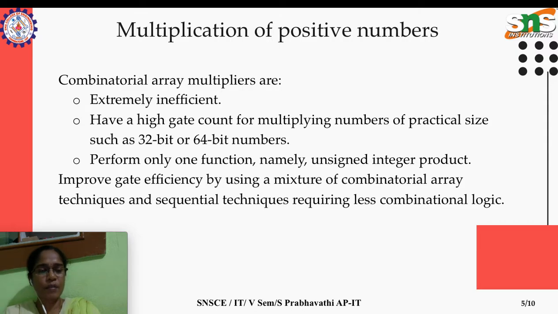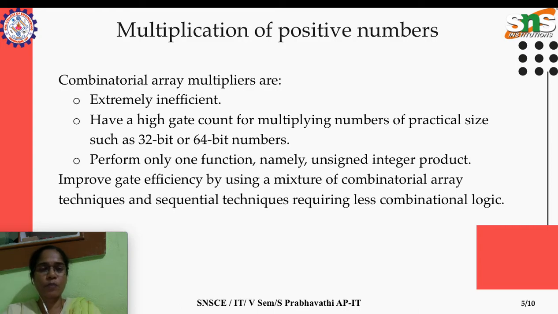So the number of gates increases if our input is increased from 4-bit to 8-bit or 16 or 32-bit or 64-bit. Think of it: 64 into 64 full adders. It's quite difficult to implement, just to perform multiplication of unsigned numbers, is it not? So this way of implementing the multiplication logic is quite inefficient for the computer system.